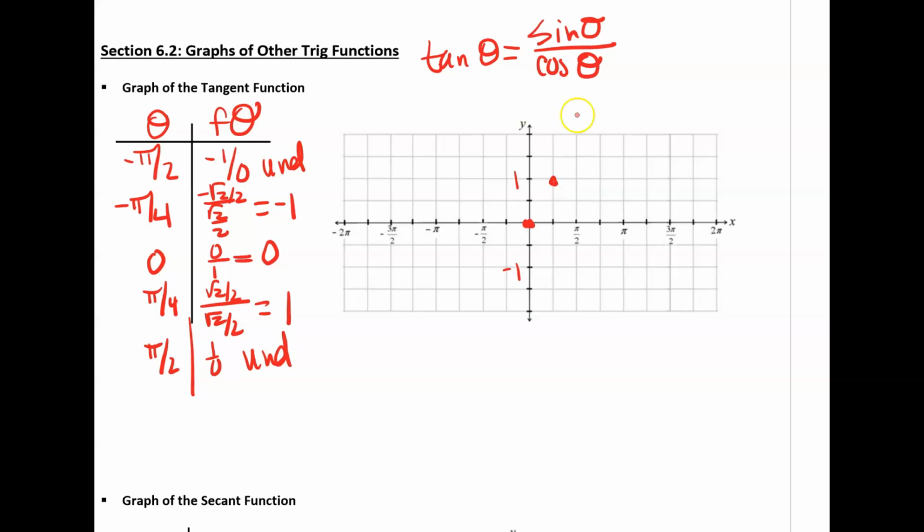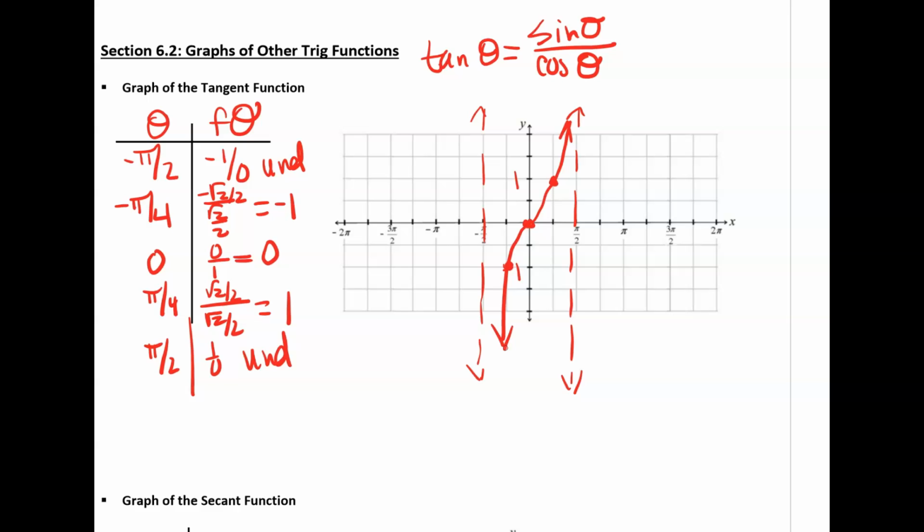At pi over 2, it's undefined, so this is actually a vertical asymptote. At negative pi over 4, that's -1. And at negative pi over 2, that's undefined.